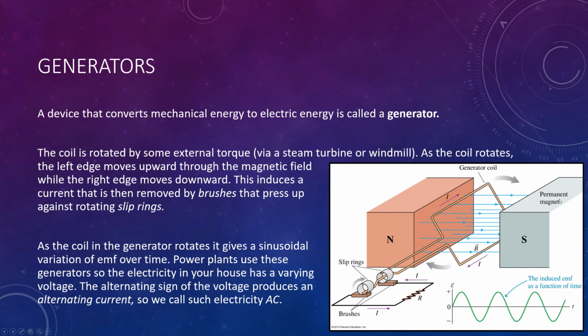Power plants specifically use these types of generators to give us electricity in our houses that have a varying voltage. You might have heard me use this term before, AC current or alternating current. It comes about because of this exact reason. We have an alternating potential difference, and it happens to change like 60 times a second in a standard household outlet.